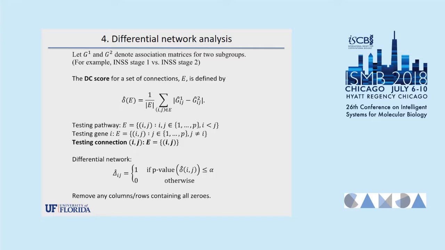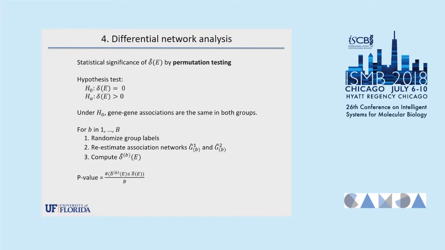So here I'm looking at p-values. And p-values come from a permutation testing procedure. So again, you can use any association measure. You don't need to know any asymptotic properties of it or anything like that. If you did, you could use some other way of doing hypothesis testing, but we're just doing permutation testing.